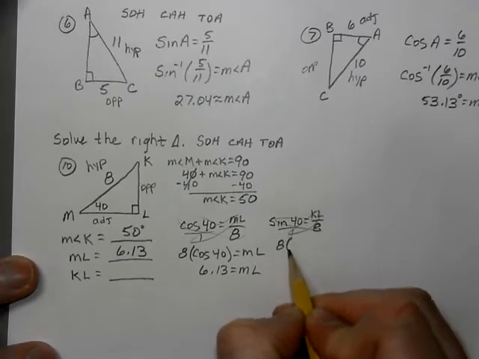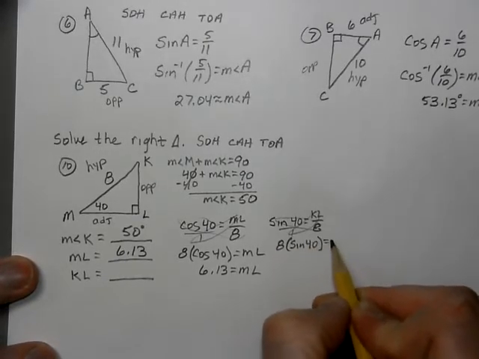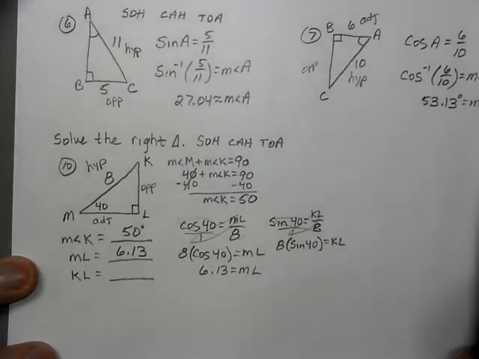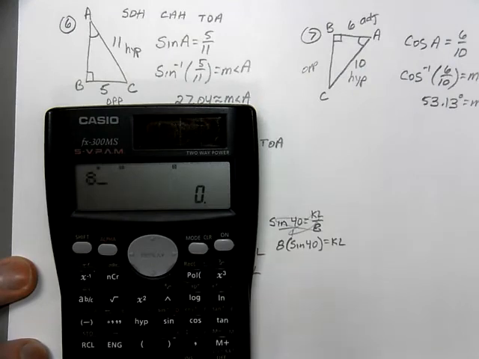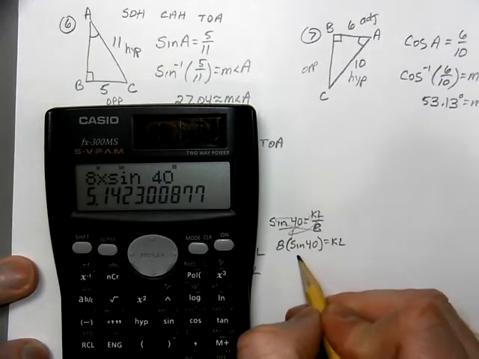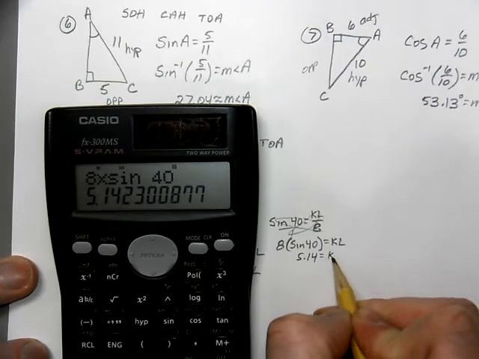Cross multiply. So 8 times the sine of 40 gives us 5.14.